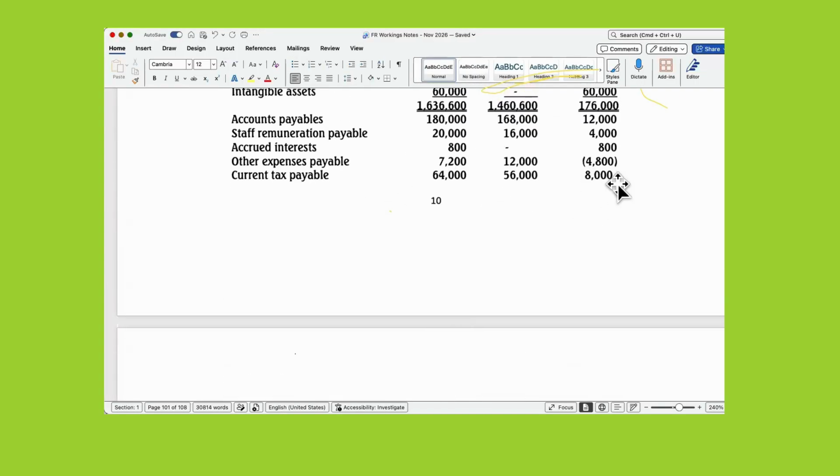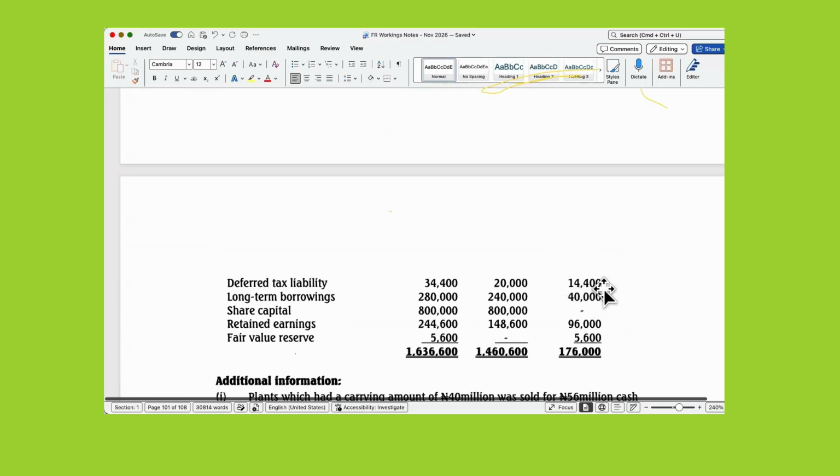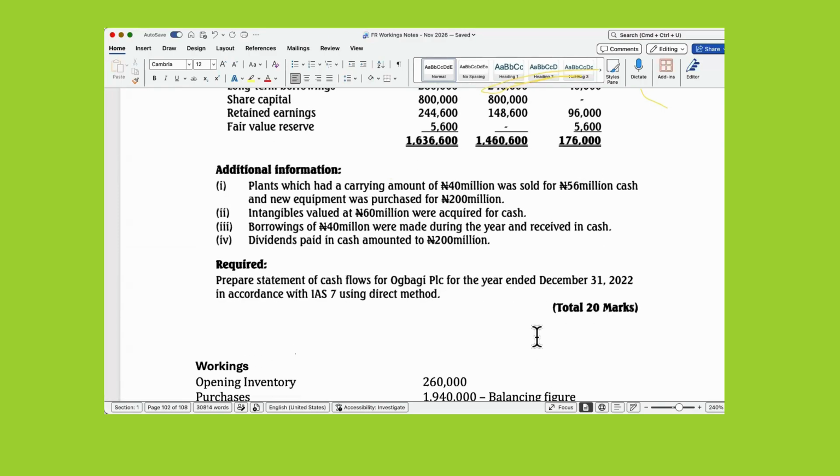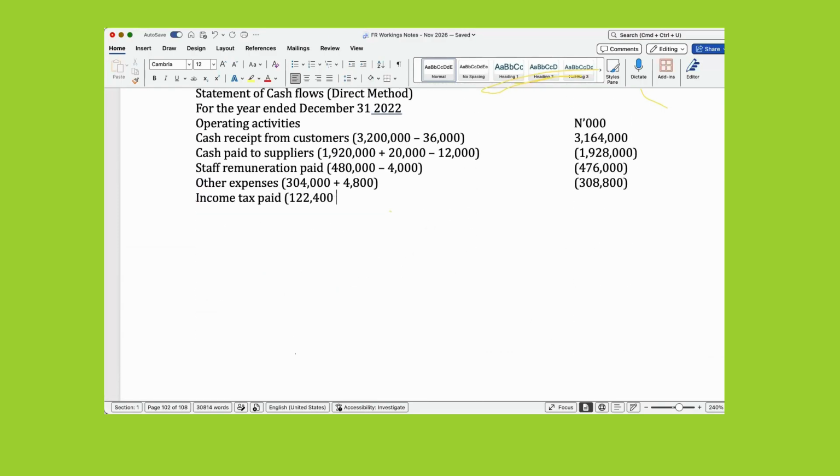I'm going to remove the ones that I'm owing: current tax, which is 8,000, and deferred tax, which is 14,400. So what's my balance? 100,000, as my income tax paid.